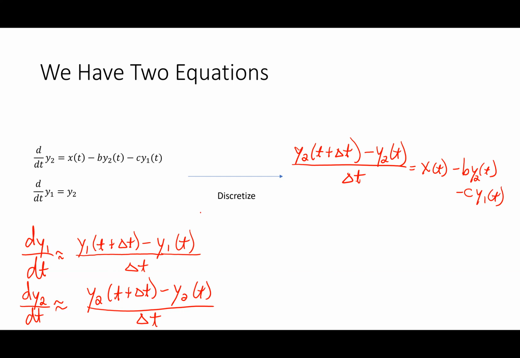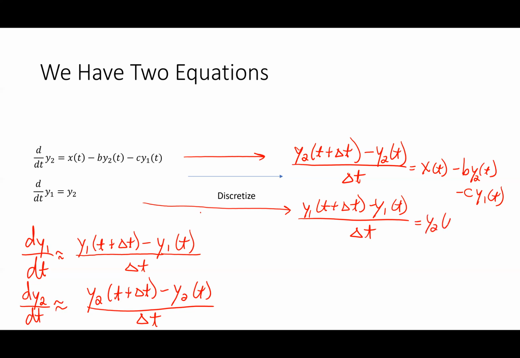That's doing this for the first equation. I do it for the other equation, it becomes simply y1 of t plus delta t minus y1 of t, all over delta t, equals y2 of t.